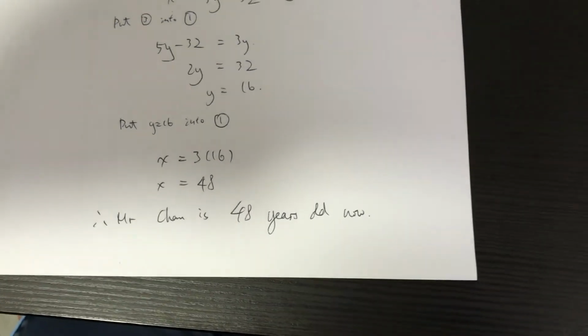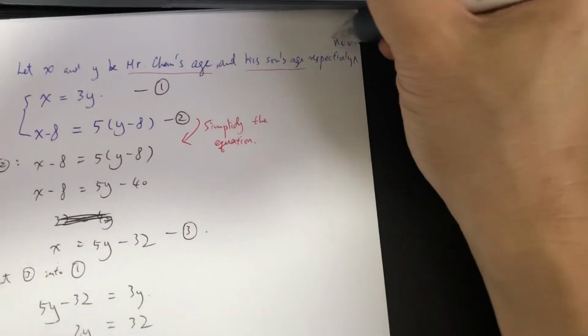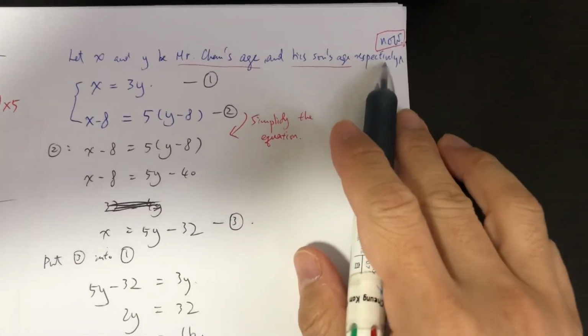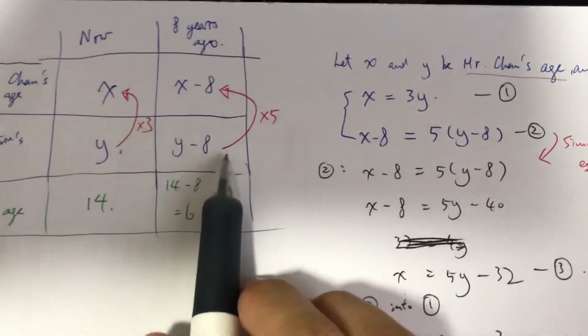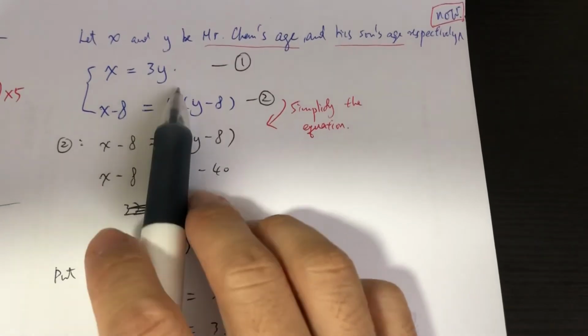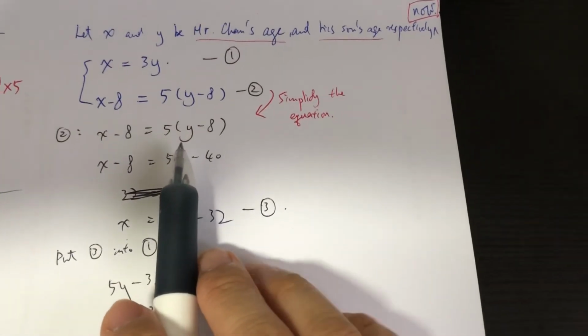From the beginning, we want to know the age of Mr. Chan now. We have the relation of their ages now and 8 years before, so we set 2 equations. Then we solve the equations using substitution.